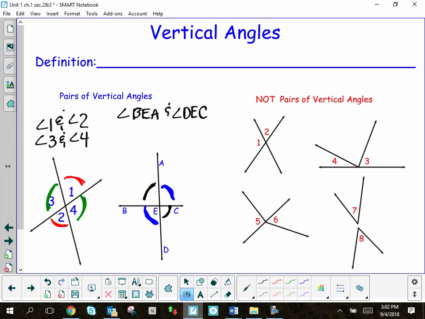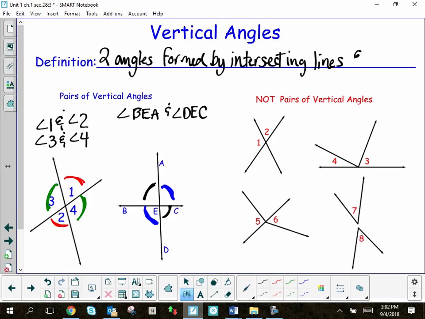So, what would be a good definition? Okay, it's going to be two angles formed by intersecting lines and are non-adjacent.